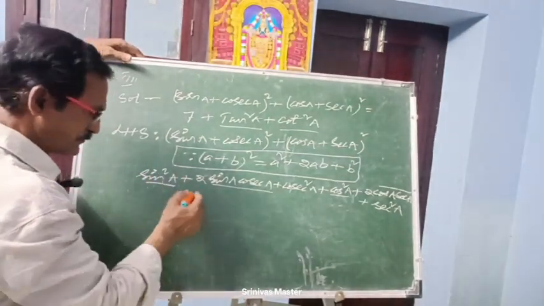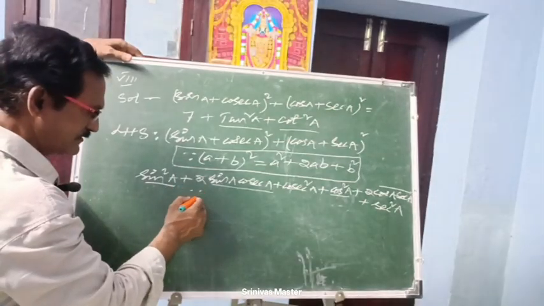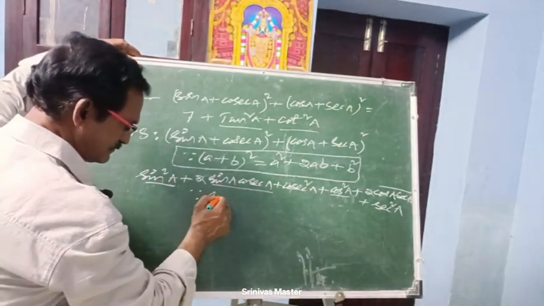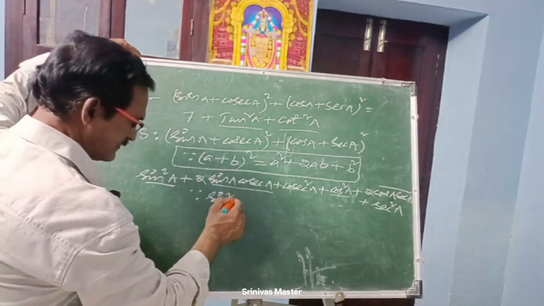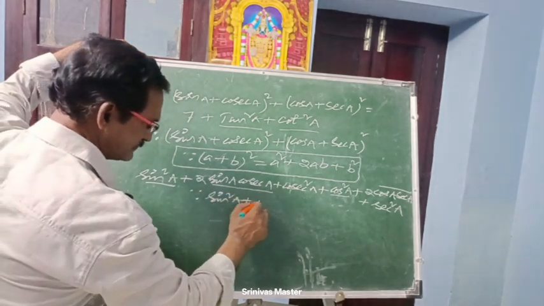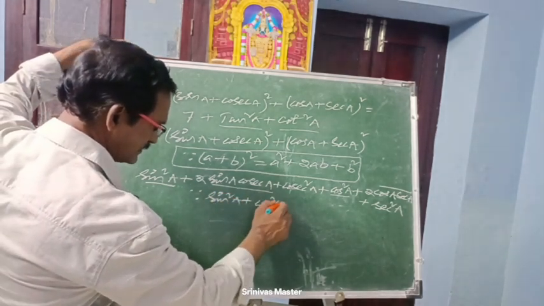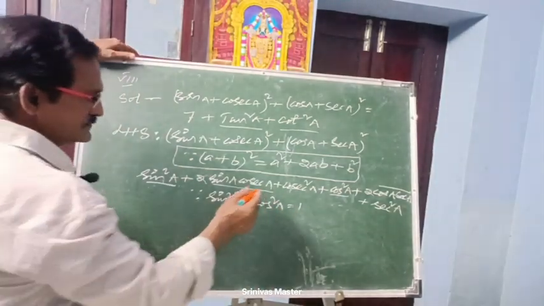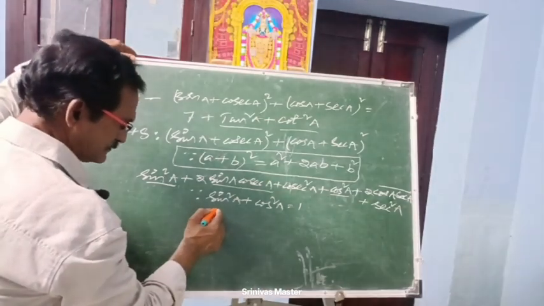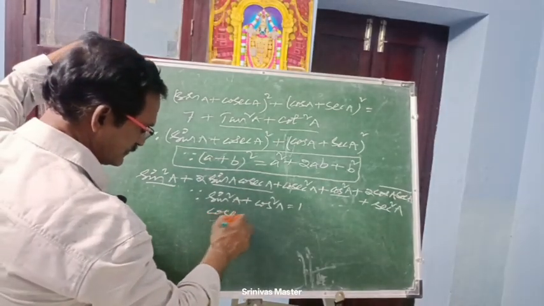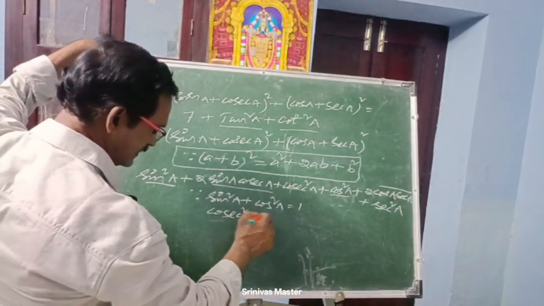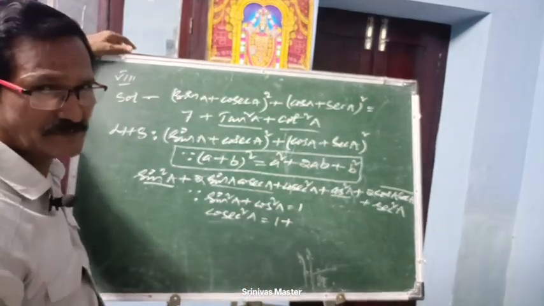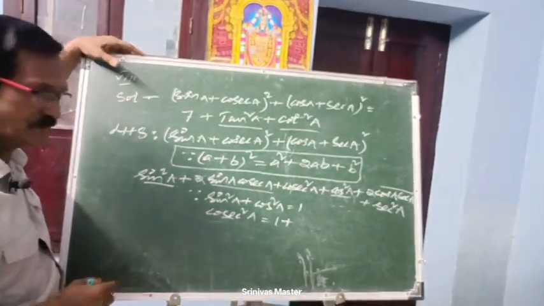What identity is possible? We will see the notations for all the problems. Sin square A plus cos square A equal to 1. Next one, be careful, children: cosec square A equals 1 plus cot square A, which means cosec square theta minus cot square theta equals 1.